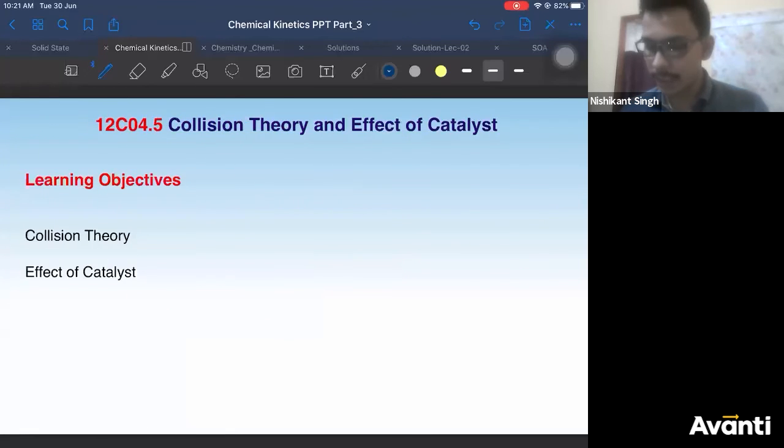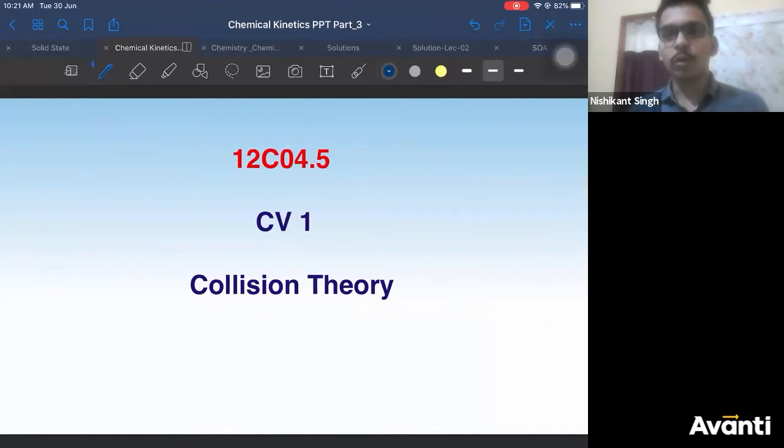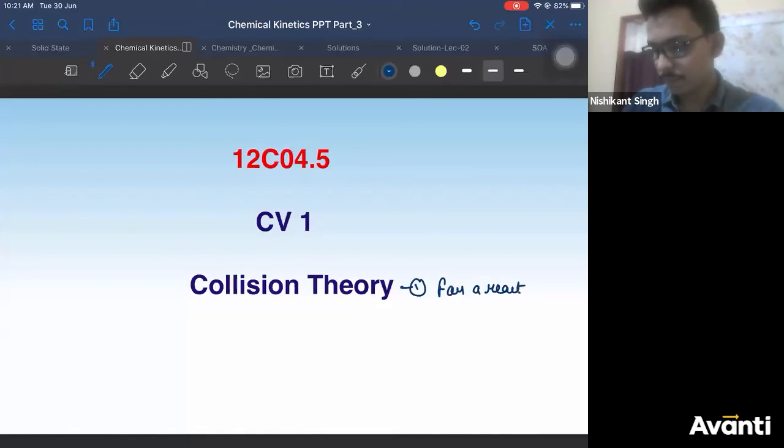Collision theory, what does it say? Collision theory says three things. First thing, for a reaction to occur, molecules must collide with each other.